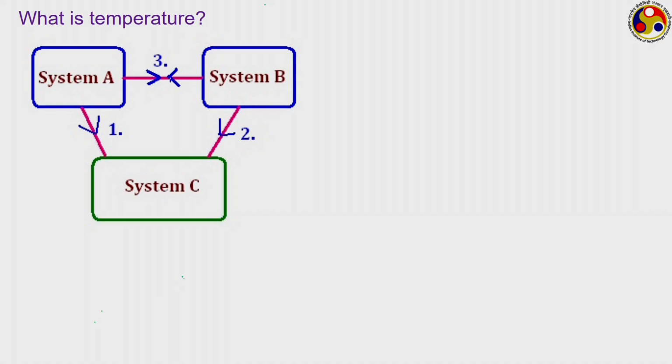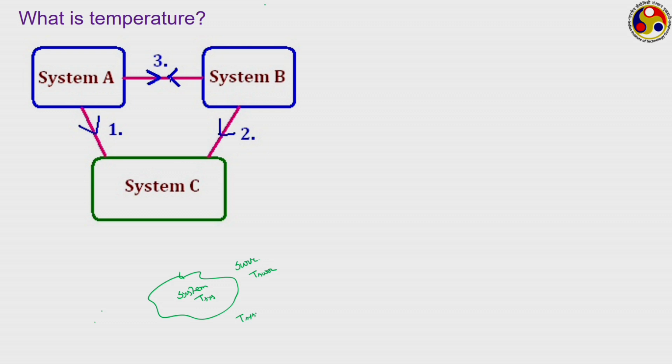Or if I take just a single system like this, so this is your system and outside the system you have the surrounding, because you know from a thermodynamic point of view anything outside the boundary of a system is surrounding. And now if the system and surrounding are at different temperatures, let us say the system temperature is T sys and the surrounding temperature is T sur.